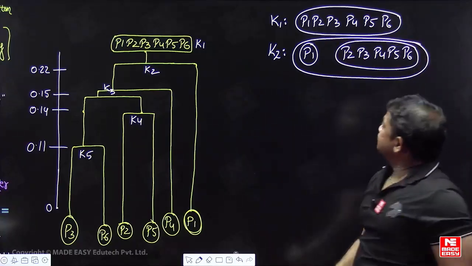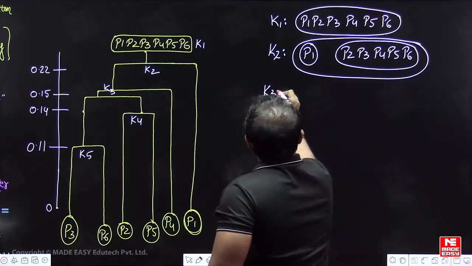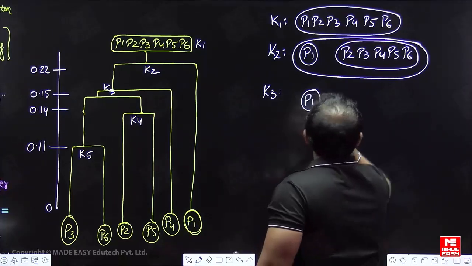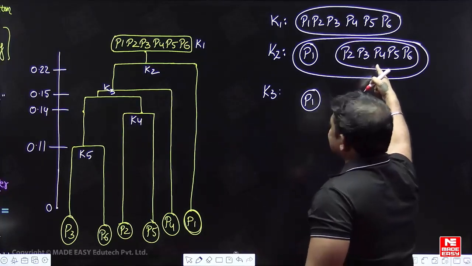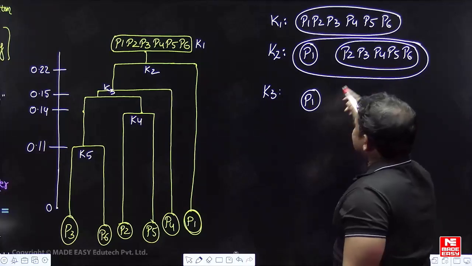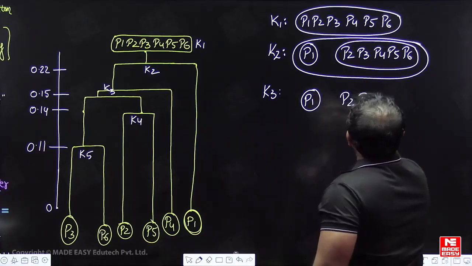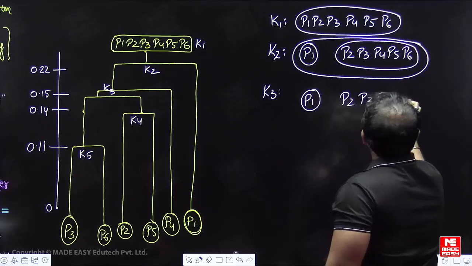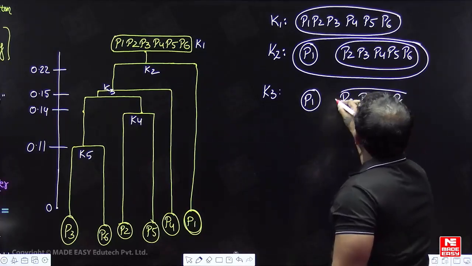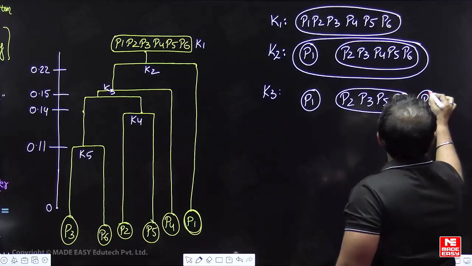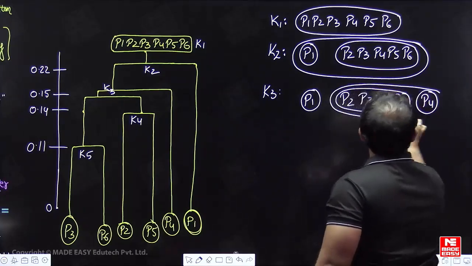Splitting top to bottom. Now K3, right? P1 is already present. Then here what is there? What is happened here? P2, P3, P5, P6. This is 1. And again P4 is 1. Like this.